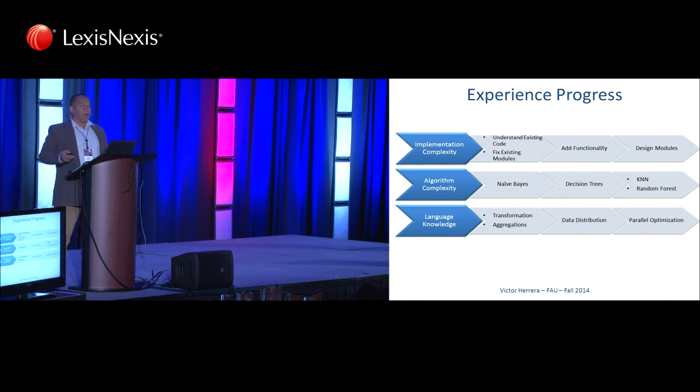Then, after following the path that we created from the beginning and the planning of which classifiers we were going to implement, I found I have to deal with KNN and random forest, very, very special classifiers. KNN really doesn't have a model. You just partition the data, and then with the new data, you look for the nearest neighbor to define which class it belongs to.